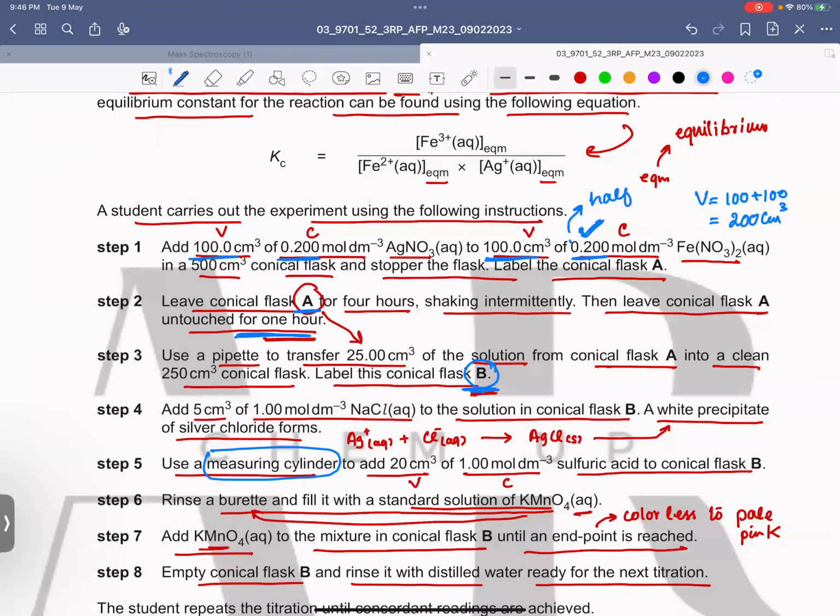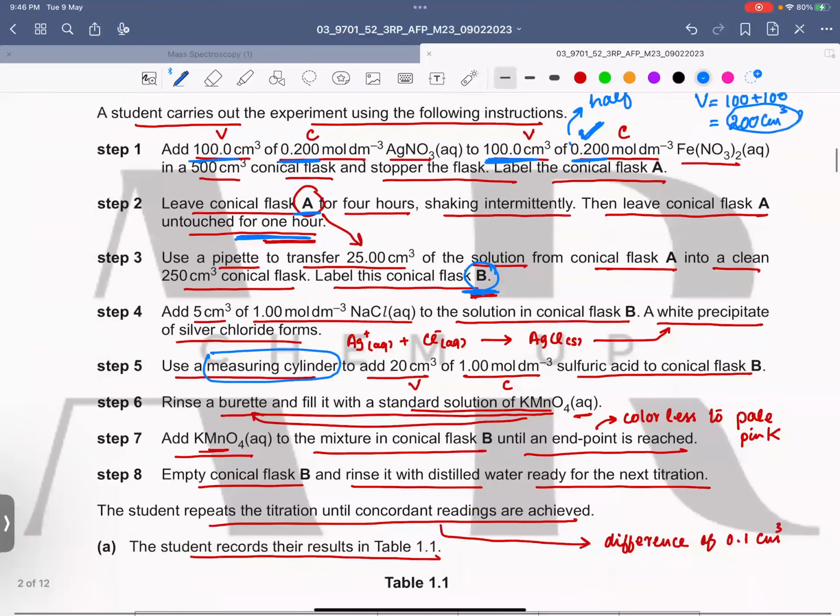So initially, whatever moles of iron are there are spread in the 100 centimeter cube volume, but when the two solutions are mixed, these moles of iron 2 positive ion are actually mixed in the total 200 centimeter cube volume, which causes the concentration to decrease by half.